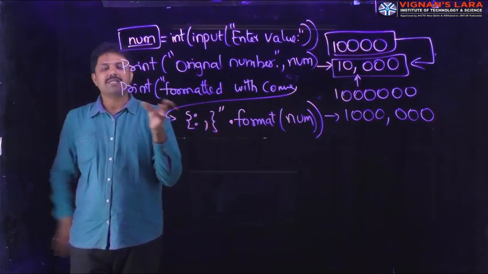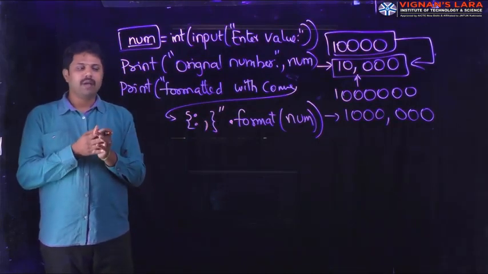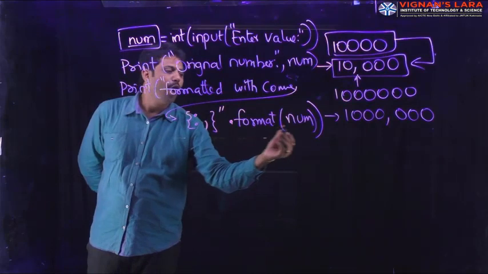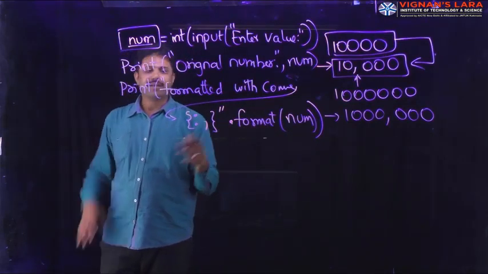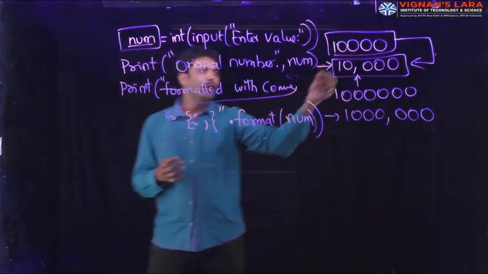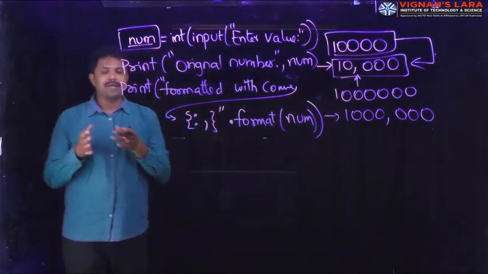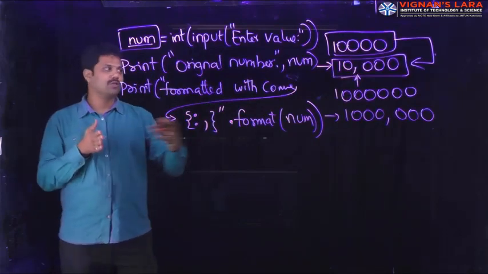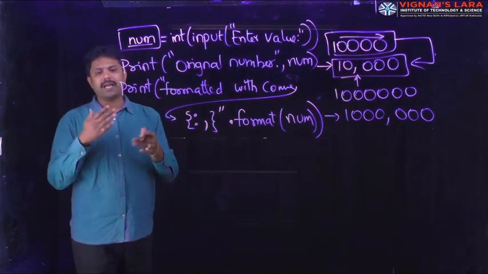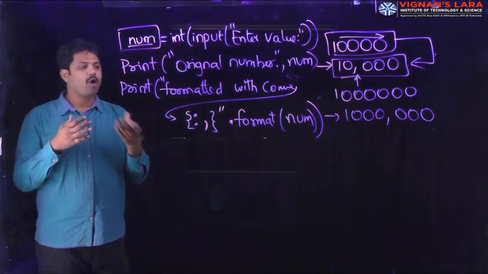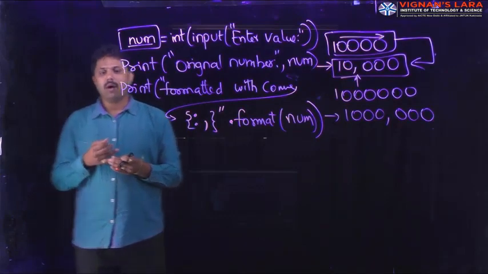It separates the values with commas. Dot format of num. Okay, like this. If you execute this code and give input like this, you will get the output. Based on the count of zeros after the one, it automatically places a comma between the digits. Okay, thank you.